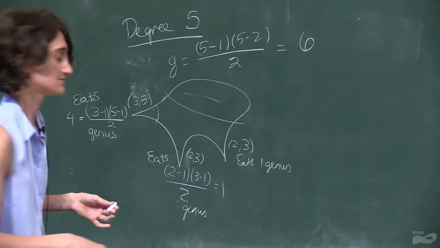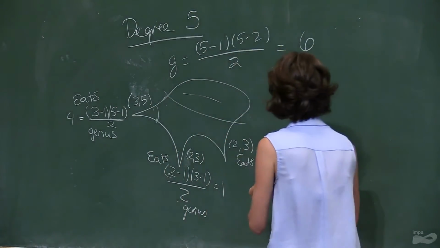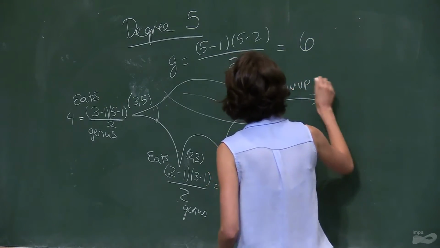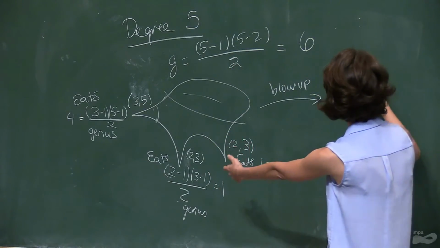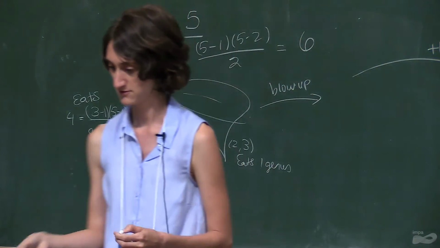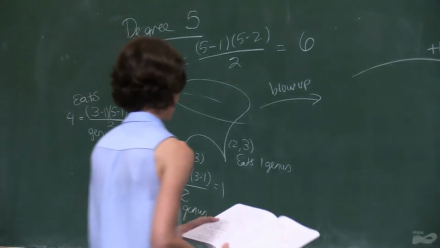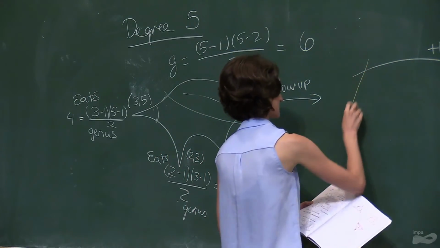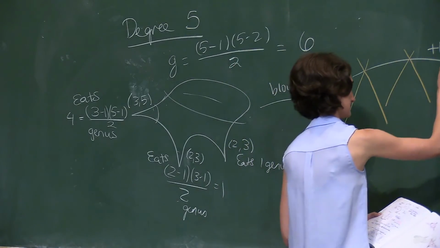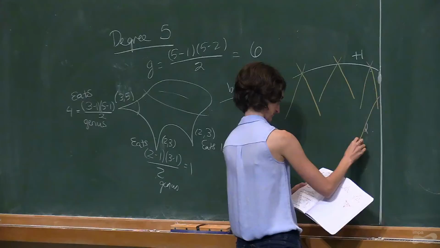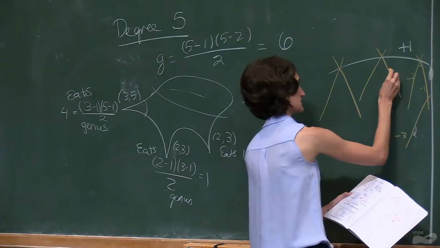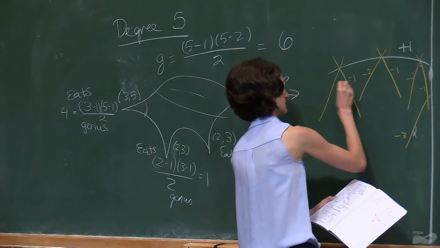So in fact, if you do a sequence of blow-ups, you could blow this up, and again, you blow it up until it becomes a +1 curve, and then it's got some exceptional guys, in some configuration, which doesn't really matter what it is.